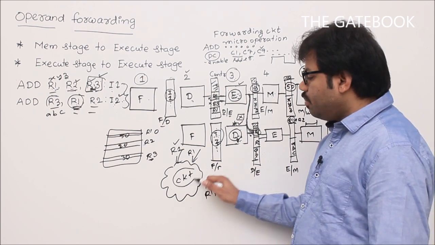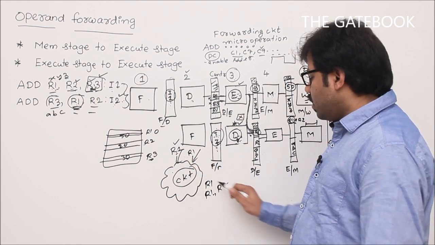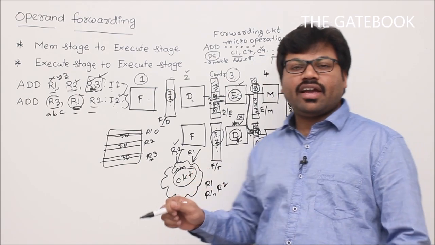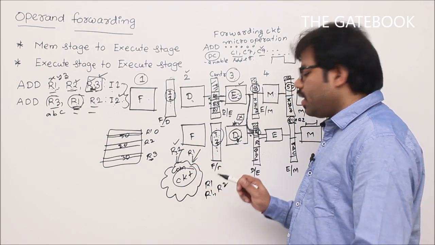Then the circuit should be designed so that it compares R1 versus R1 and R1 versus R2. Yes, it is possible. Just design a comparator. A comparator circuit can compare two binary patterns. So R1, R1 should be compared, and R1, R2 should be compared.